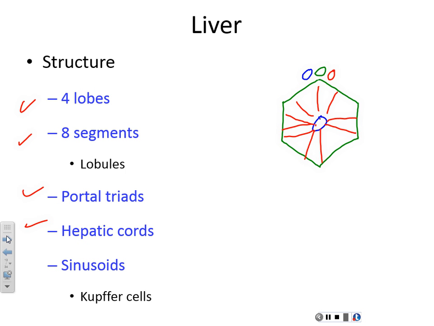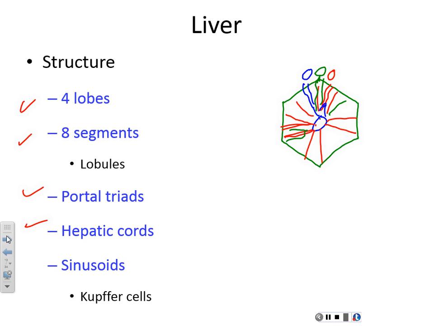So just know, the cords are simply columns of cells, hepatocytes, that radiate from this, and within it you have all these bile canaliculi and so forth. And then you have the arteries coming like that, and then you have the hepatic portal vein coming in like that, and these join to form the sinusoids, which then jump into the central vein, right?